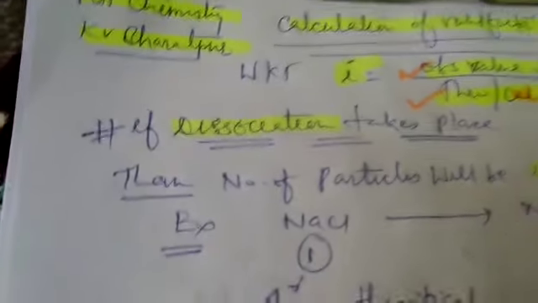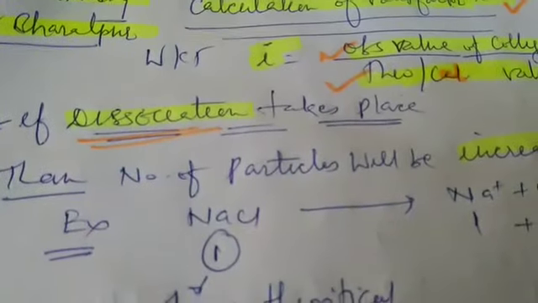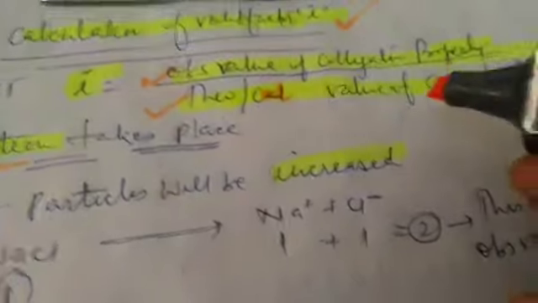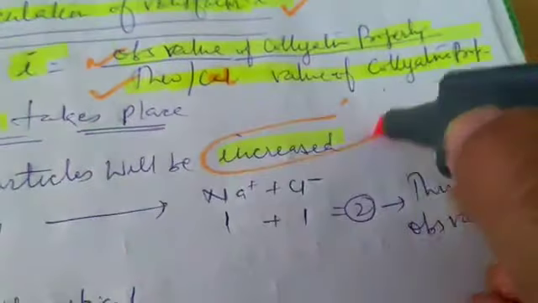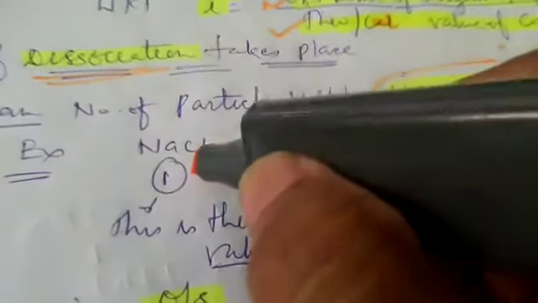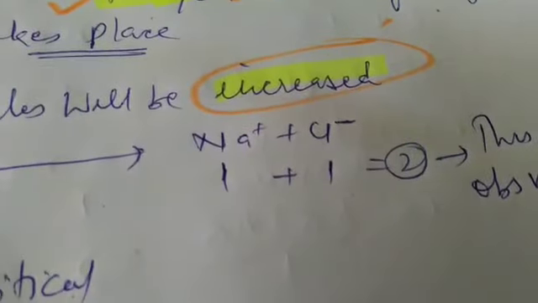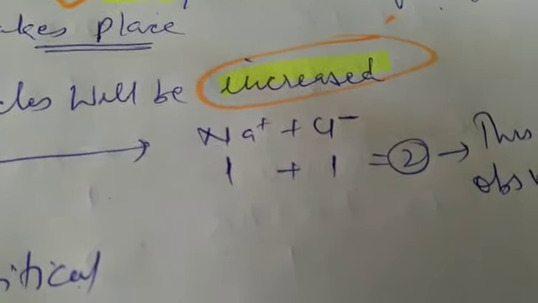Now, if dissociation is taking place, then the number of particles will be increased. We can take an example of sodium chloride. You can see that we are adding only one particle, but after dissociation it is split into two parts, so the number of particles became 2.